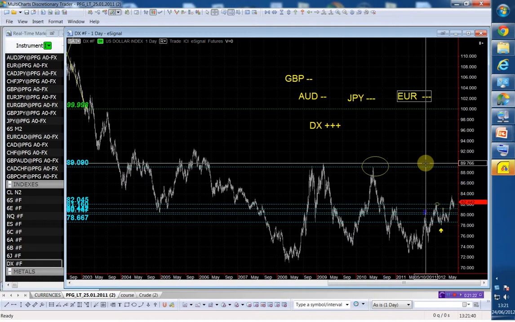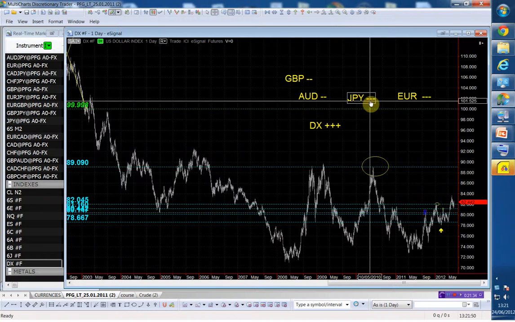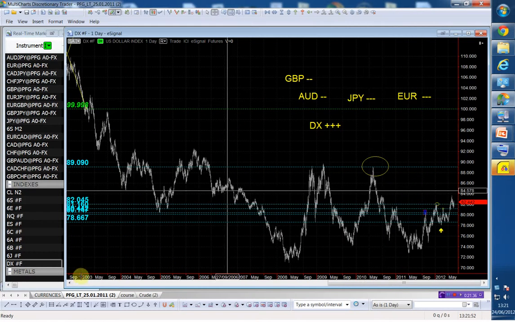If you have a big sell signal, then it's pretty weak. If you have a big buy signal, then you're fairly strong. And the dollar has a big buy signal, the euro has a big weak signal, and the same thing as the Japanese yen. Both of them have 2 big signals.